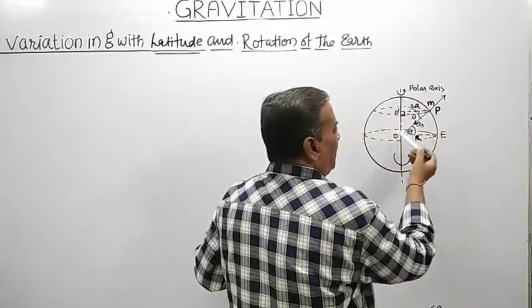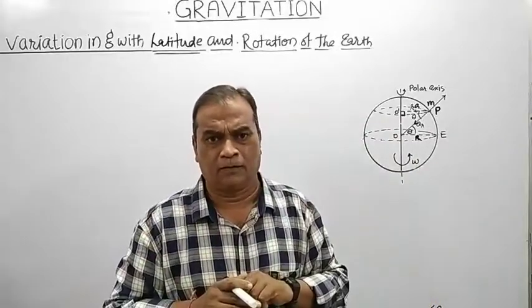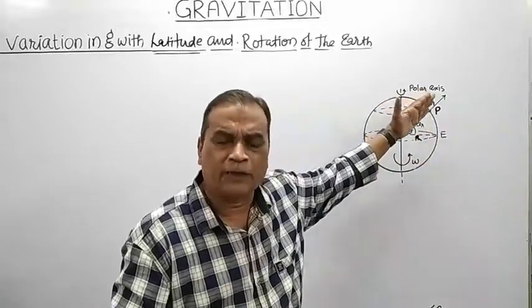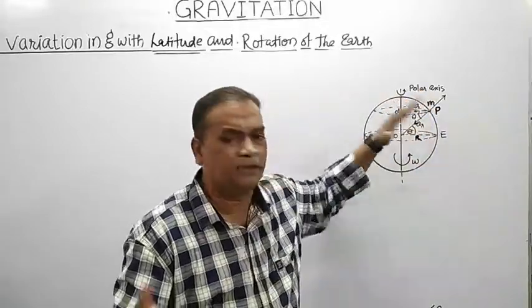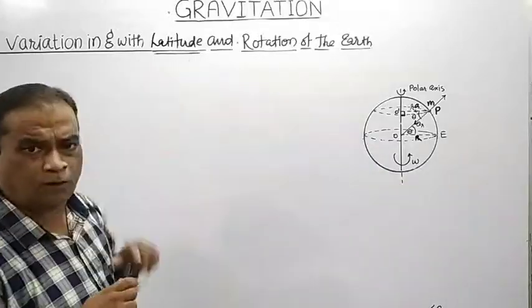Angle between OP and OE is nothing but latitude. Angle made by the radius vector or position vector of a particle with the equator of the earth is called latitude of a particle.